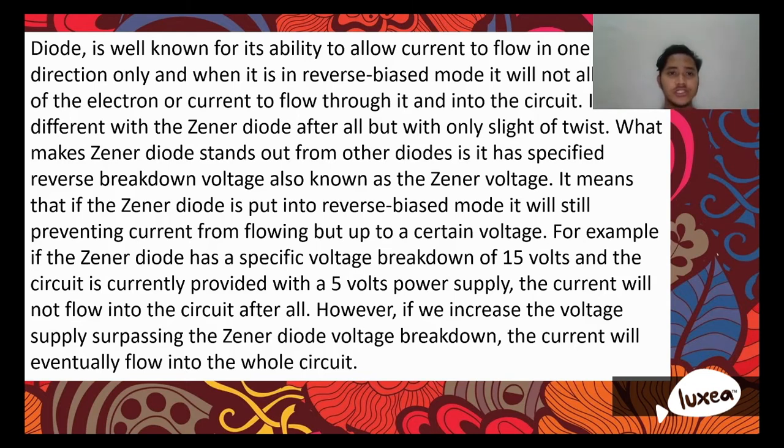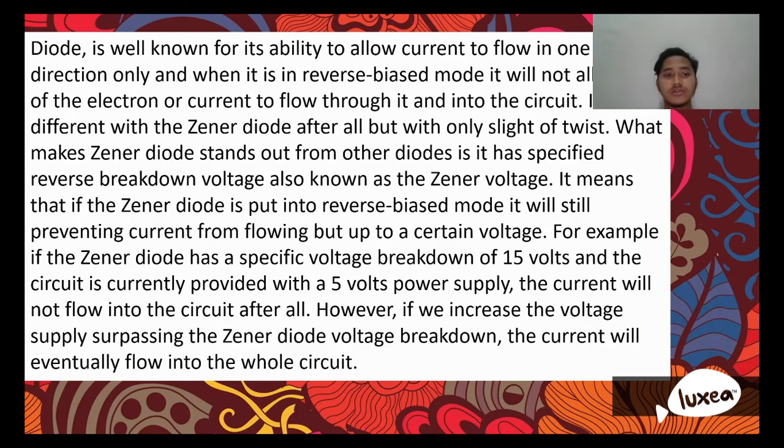It is no different with the Zener diode, but with a slight twist. The Zener diode stands out from other diodes because it has a specified reverse breakdown voltage, also known as the Zener voltage. It means that if the Zener diode is put into reverse bias mode, it will still prevent current from flowing, but only up to a certain voltage.